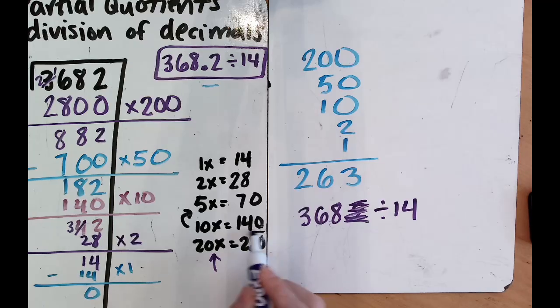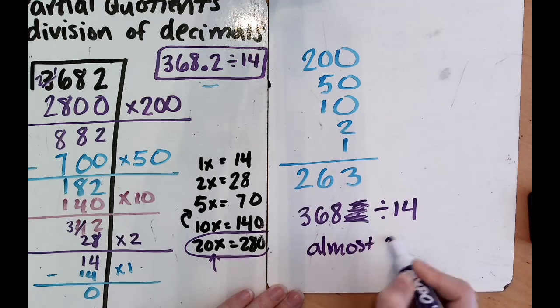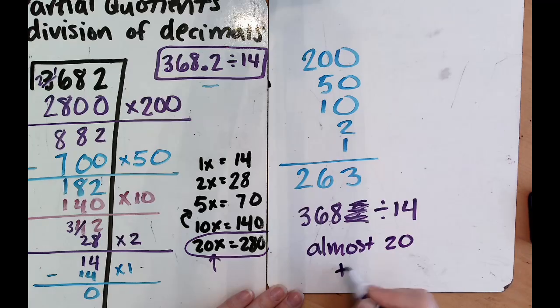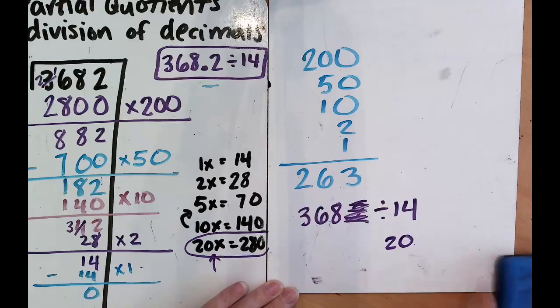Well, if I look over here, I already have by 20, and that number's pretty close. So I'm going to say that 14 can go into 368 almost 20 times. It's really technically more than 20 times. So it's going to need to be a little bit larger than 20.